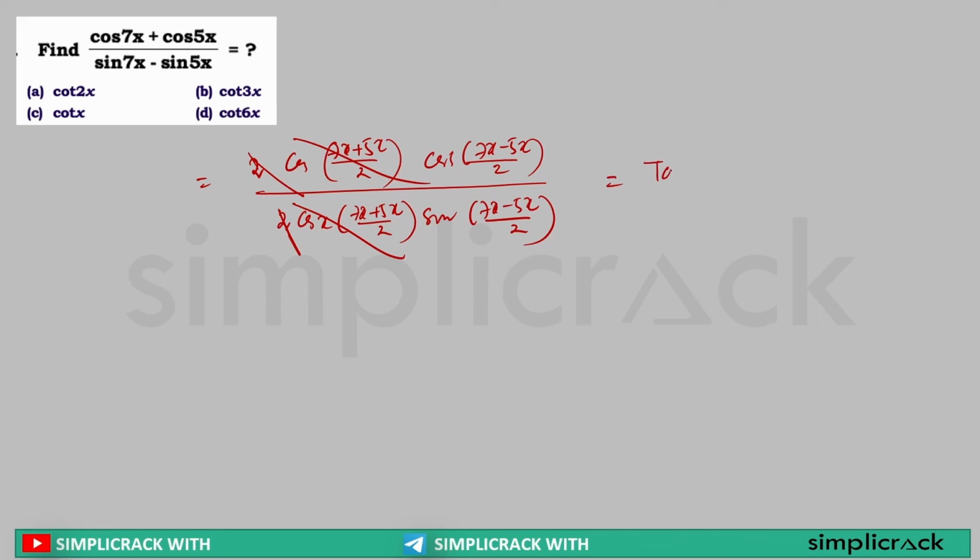So this can be written as cos by sin, which is cot (7x minus 5x)/2, that is cot of 2x by 2, or cot x. Answer option C. Clear? Sorted? So this is how you can directly answer these questions.